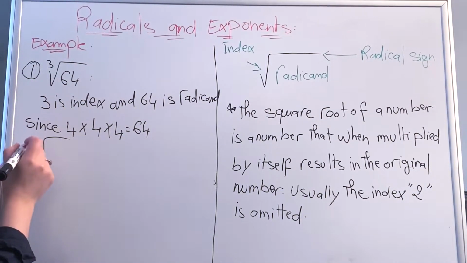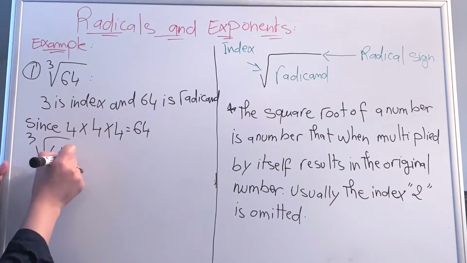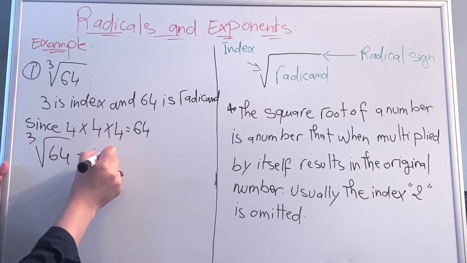That means the cube root of 64 equals 4.